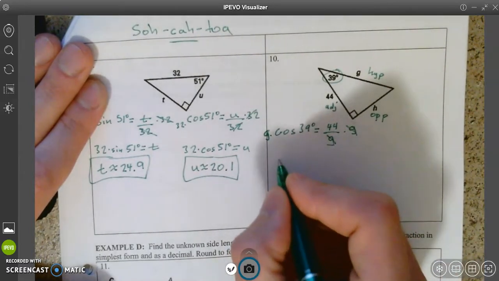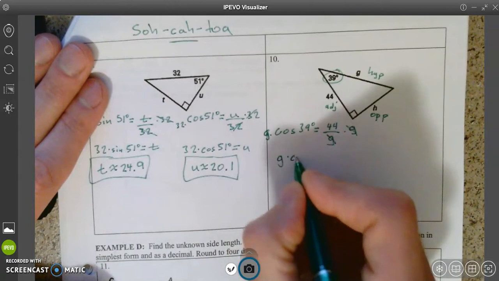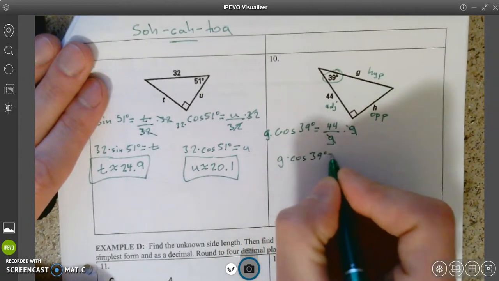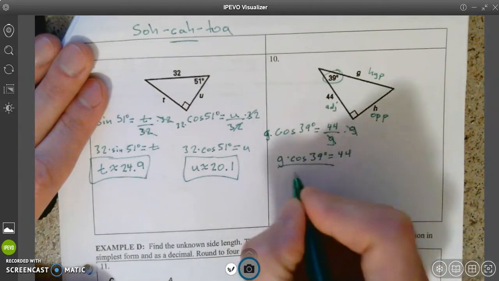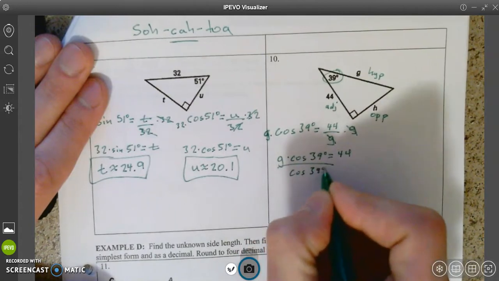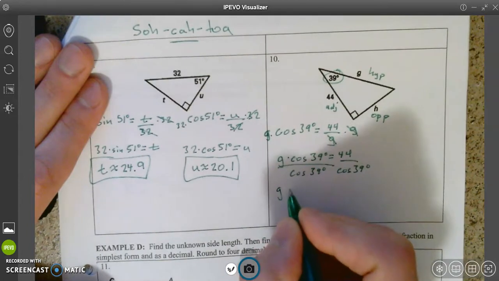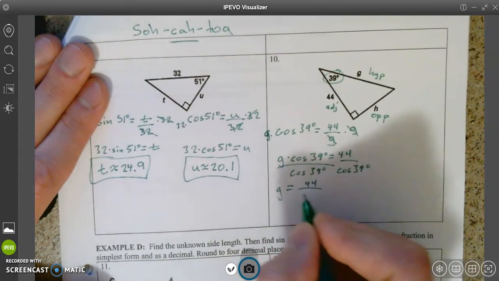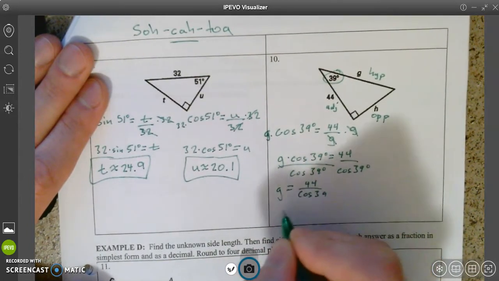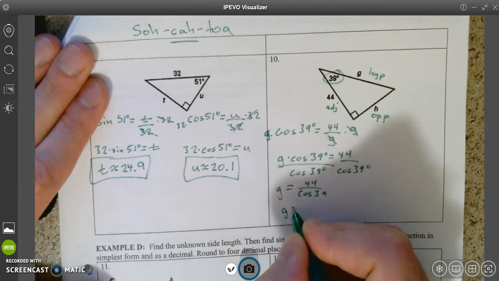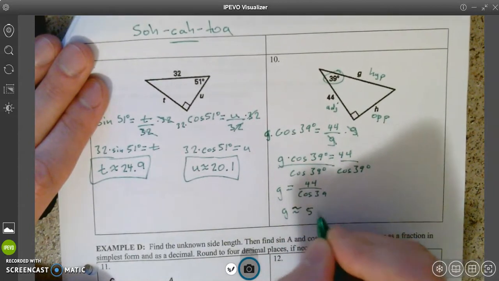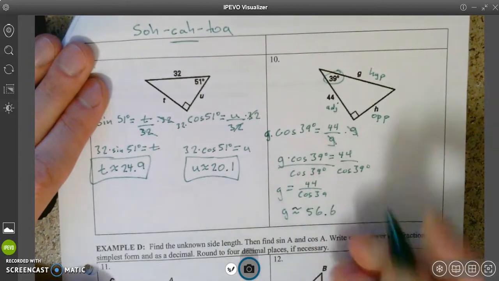So I have g times cosine of 39 degrees is equal to 44. And now I can divide by cosine of 39 degrees on both sides. And I get g is equal to 44 divided by cosine of 39 degrees. Plugging that in my calculator and rounding, I get g is approximately equal to 56.6.